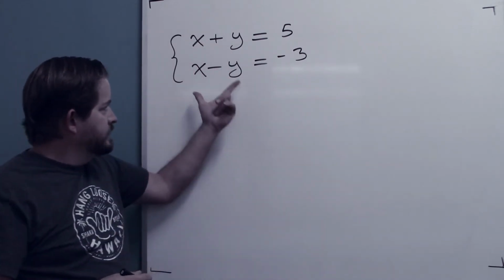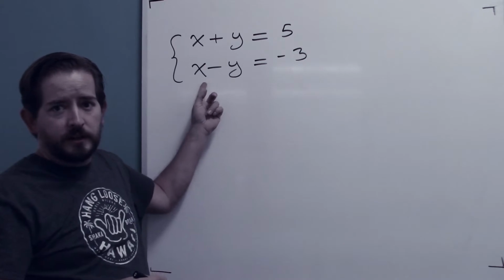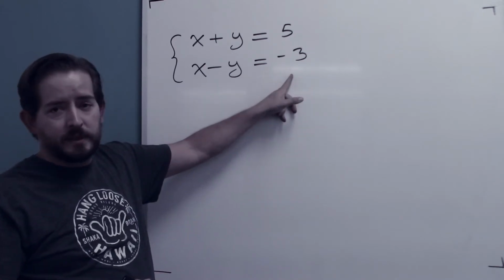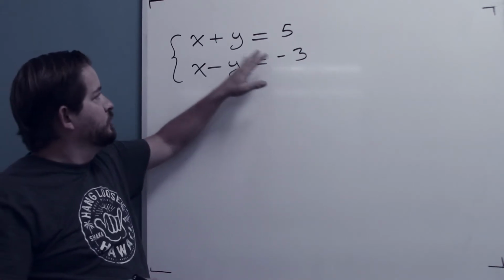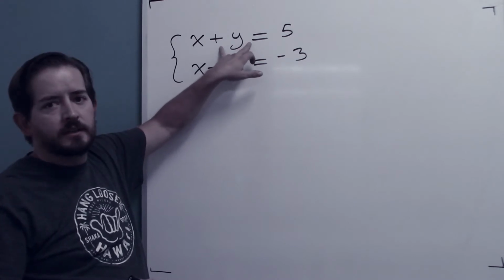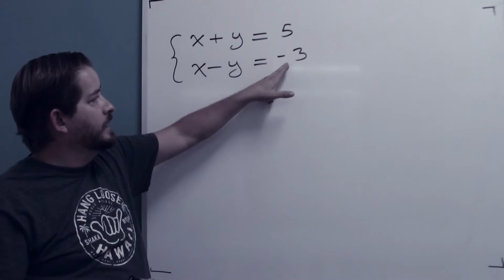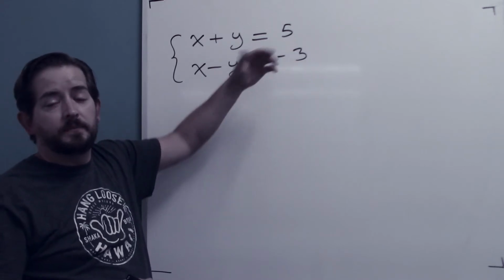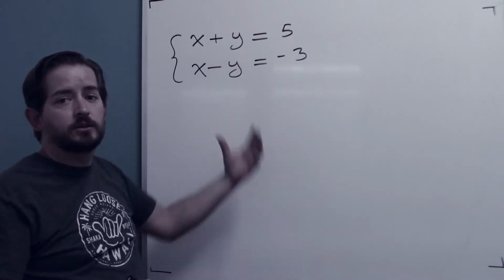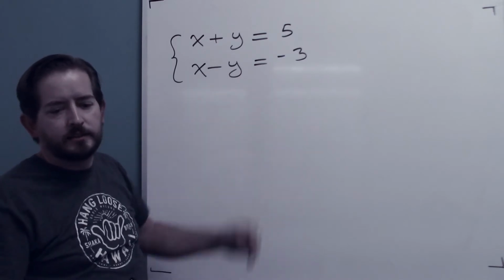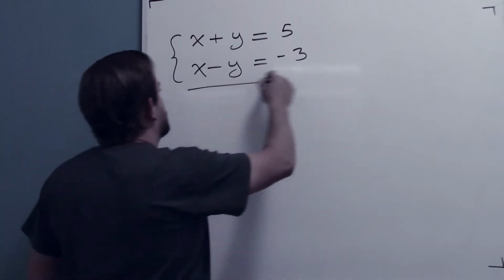What I'm saying is that in the second equation here, x minus y is the same thing as negative 3. So if I'm dealing with my top equation, I can add x minus y to the left-hand side of it, while adding negative 3 to the right-hand side of it, and I still maintain that equality. So we can view it as I'm adding these two equations together.